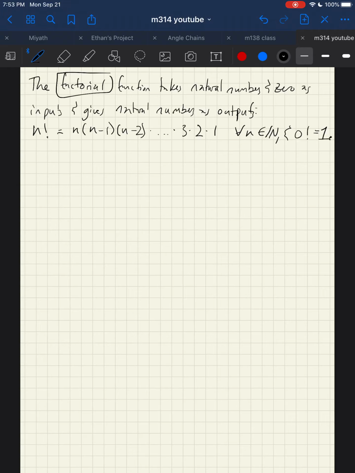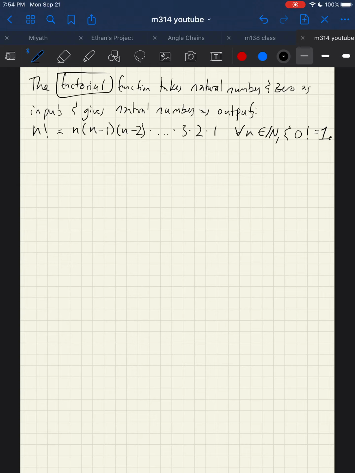Now it might seem weird. You might want to say, well, shouldn't 0 factorial be 0? It might make sense that way initially, but the more you mess with factorial, the more it makes sense for 0 factorial to be 1. There are a few different reasons for that. Number one, the formulas that we come up with using factorial would have all these special cases for 0 if we didn't just say 0 factorial is equal to 1.